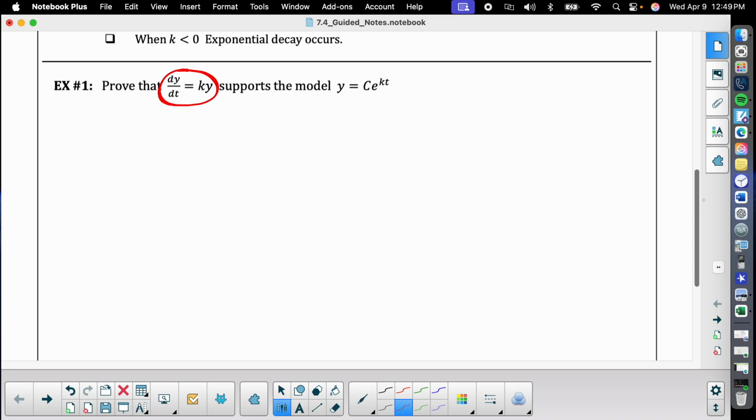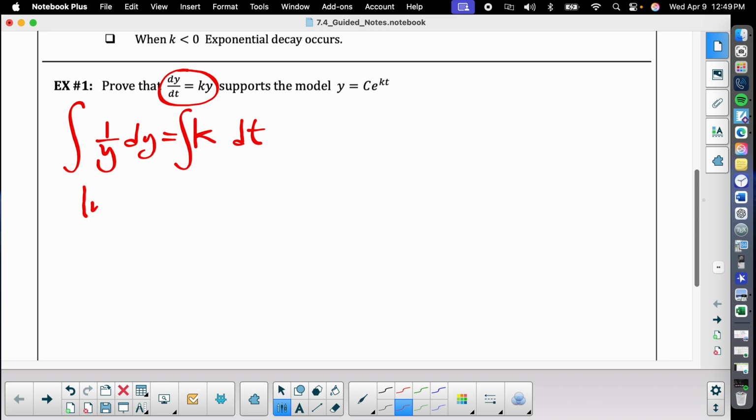Okay, so dy/dt equals ky. If I separate the variables, there's no t's on the right hand side, so this essentially just stands for a number. We integrate both sides.